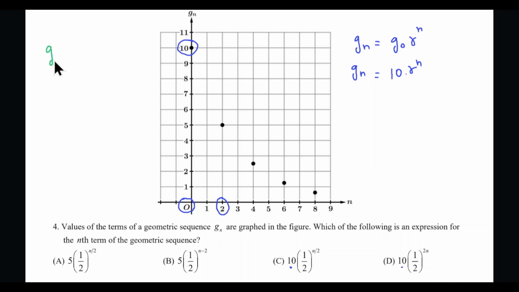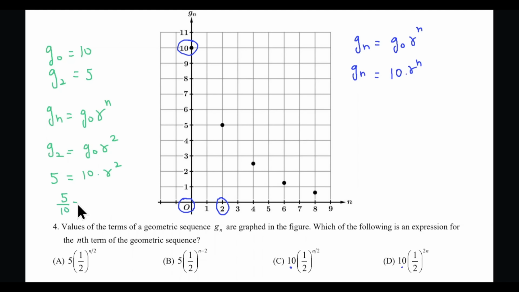So we know that G0 is given by 10, G2 is given by 5. If I write the general equation Gn is equal to G0 times R to the n, and I replace n with 2, G2 is G0 R square. G2 is 5, G0 is 10, and R square is just R square.